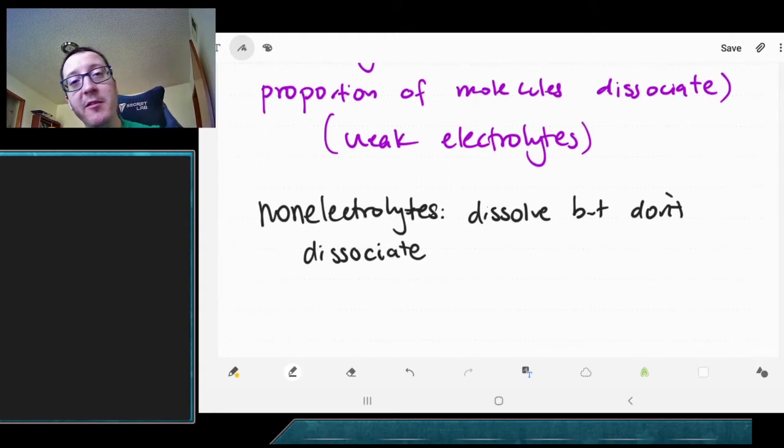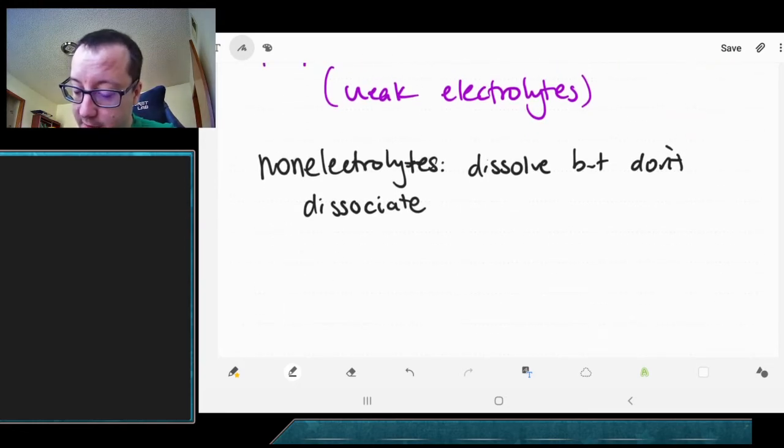And maybe if you remember from the previous video, we saw that we had sugar water, and it did not conduct electricity. We know sugar dissolves in water, but we saw it did not conduct. Sugar is going to be a non-electrolyte. As a result, we would say something like sugar or ethanol.